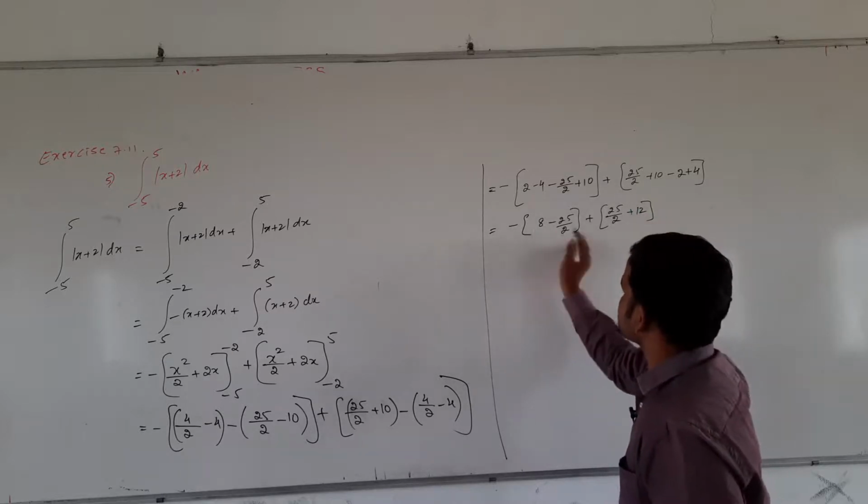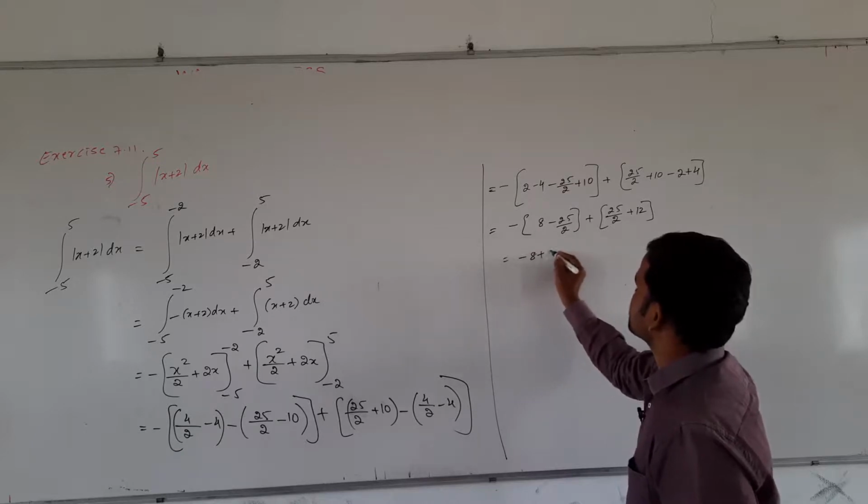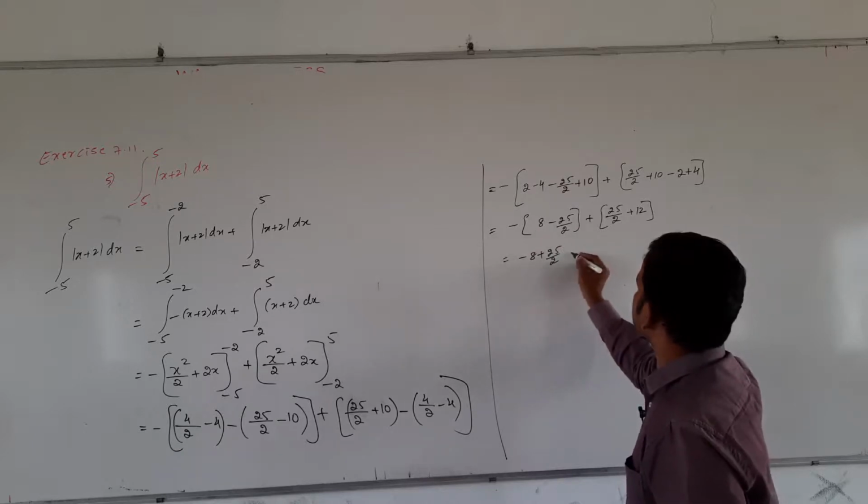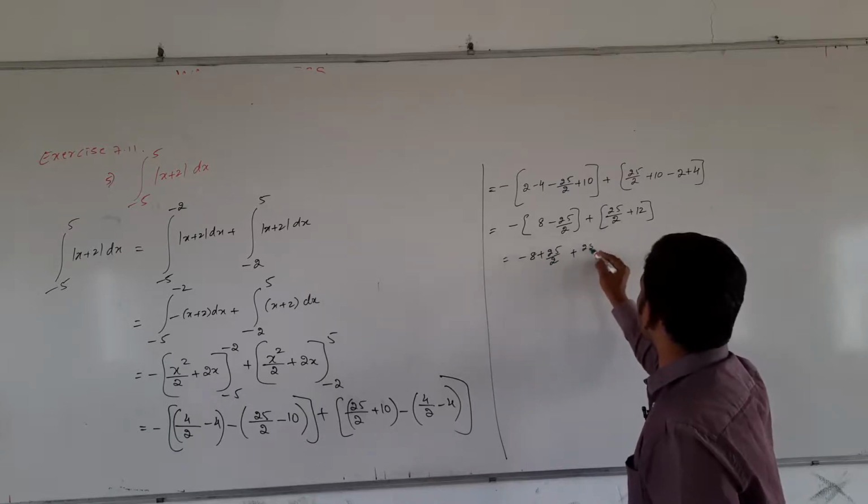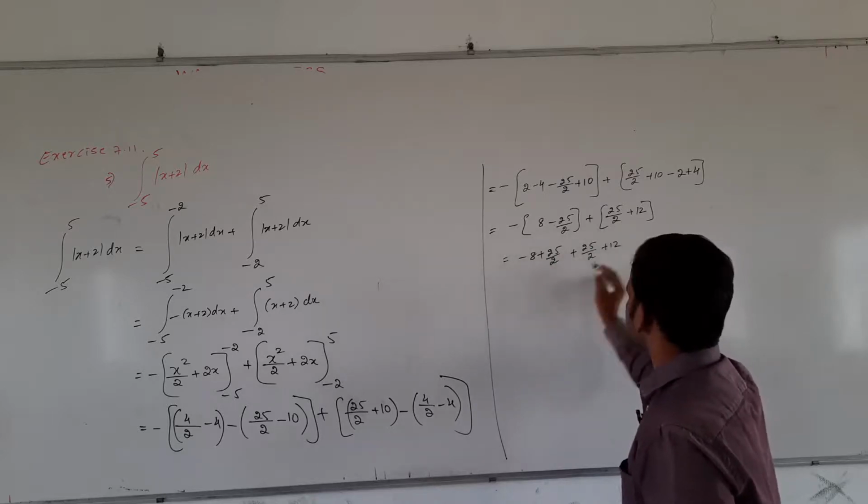Yes, minus will get multiplied with this, minus 8 plus 25 by 2 and plus of, here it is 25 by 2 plus 12.